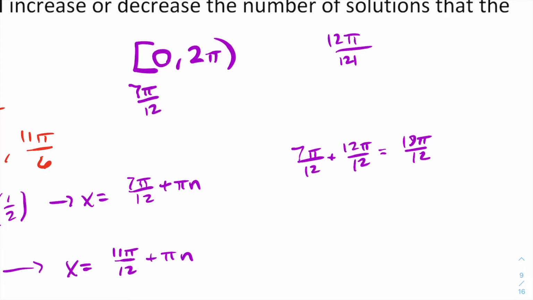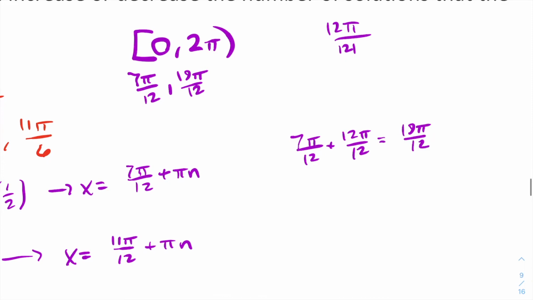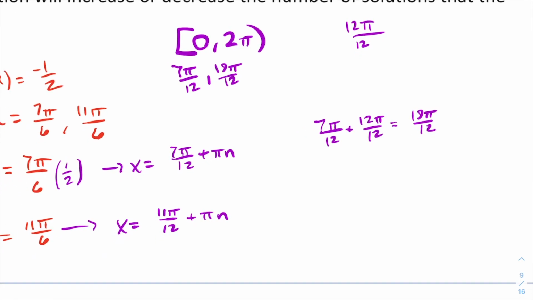You're going to say 7 pi over 12, and 19 pi over 12. If you add another 12 over 12, that's going to get you 31 over 12 pi, which is about 2.58, so that's a little bit too big. You're only going to add that once to that one.